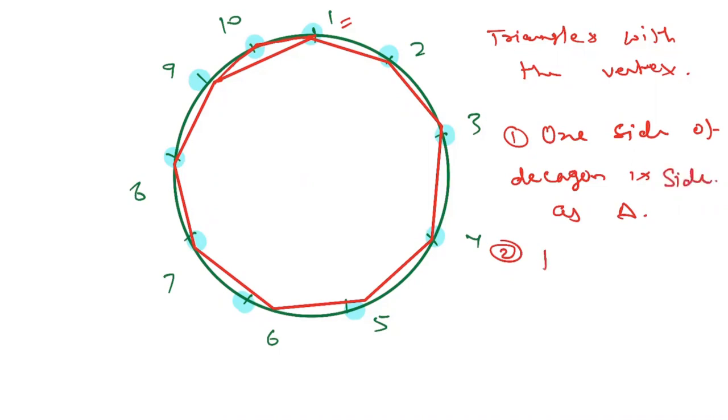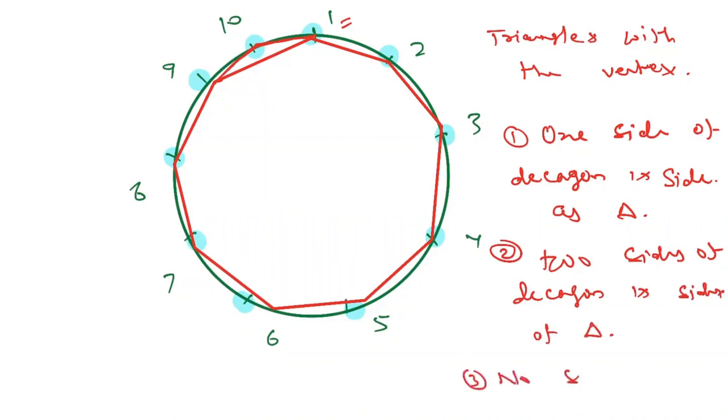Two sides of decagon are the sides of triangle. No sides of decagon is the side of triangle, right? Just simple one.